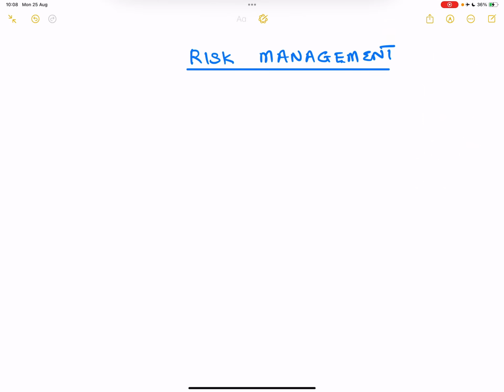Risk management is a very important concept, and in fact, there's a section of the syllabus, section E, that is solely devoted to risk management. And you can relate to why, because in that particular section, we'll be dealing with a lot of hedging methods using derivatives to manage risk.